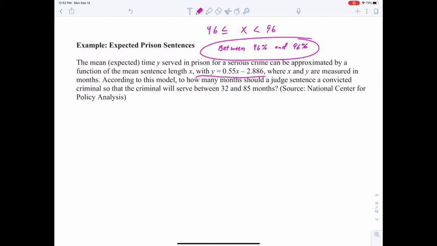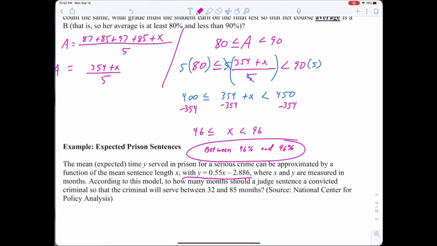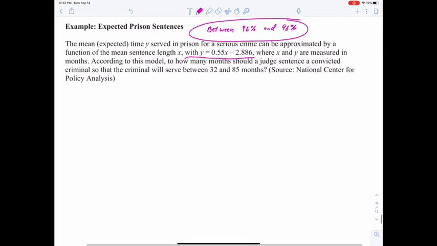According to this model, how many months should a judge sentence a convicted criminal so that the criminal will serve between 32 and 85 months? Okay? All right. So the time served is this Y value, okay? So we want to find the X values, just very similar to the one we just did.